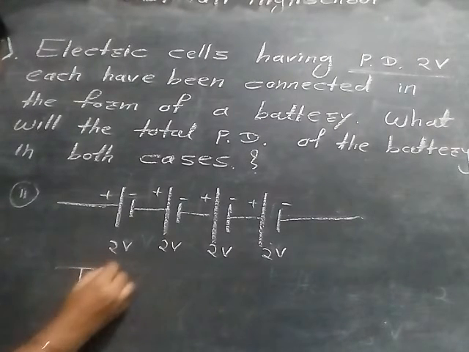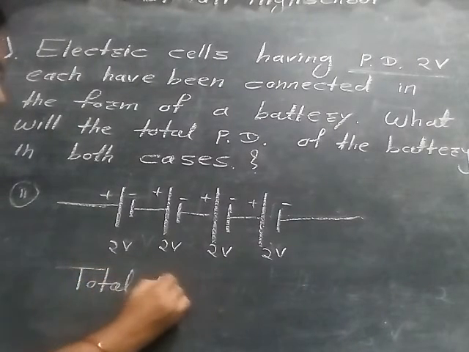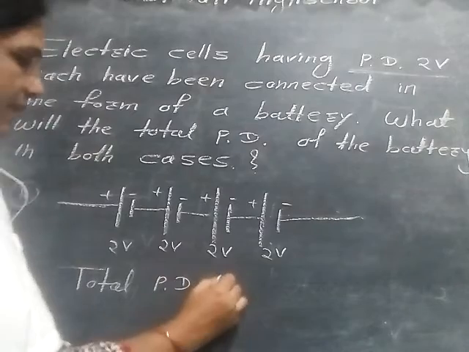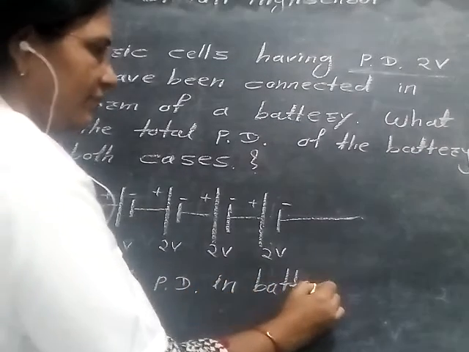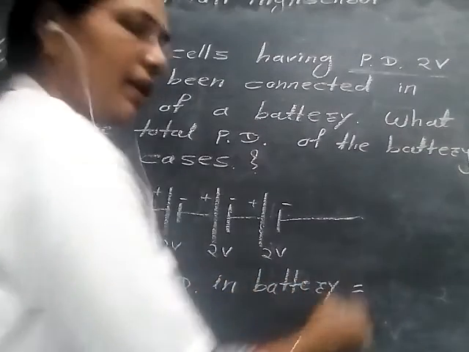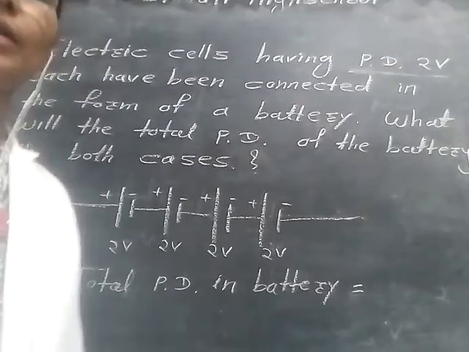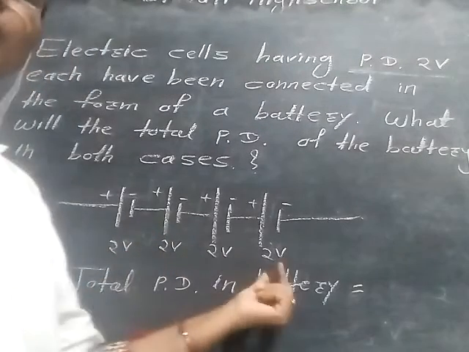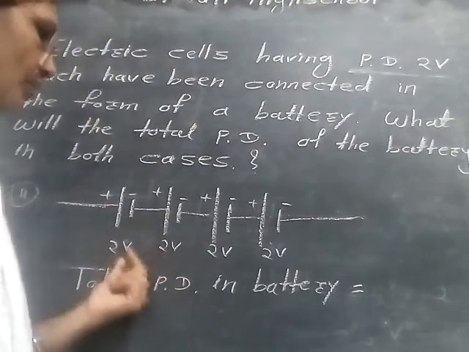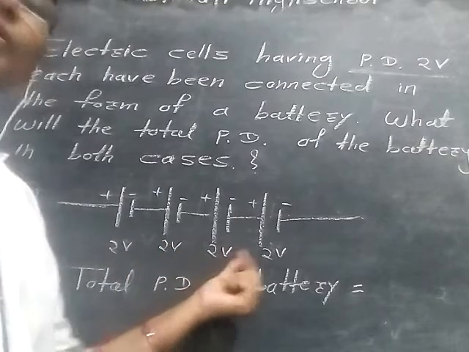Now say, what is the total potential difference in this battery? Guess how we can write it. Similarly, just as in the first case, it is the addition of the potential differences: 2 volt, 2 volt, 2 volt, 2 volt.